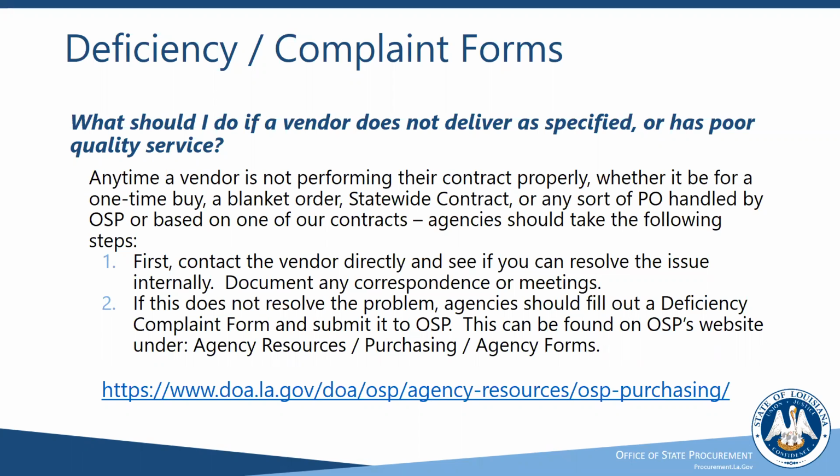So it's very important to remember that if the agency does not document a complaint and send it in, then we have no leg to stand on when it comes to either canceling a contract or stopping a vendor from bidding. An agency cannot send in a shopping cart and simply say, oh, we don't like this vendor because they didn't give us good service, so don't award to them again. We are required to consider any vendor's bid that's submitted unless we have legal justification for not doing so.